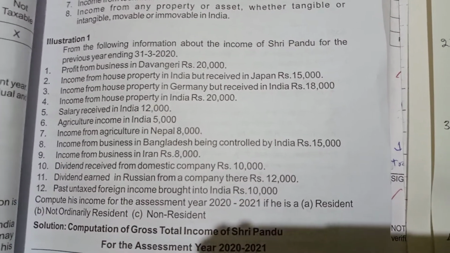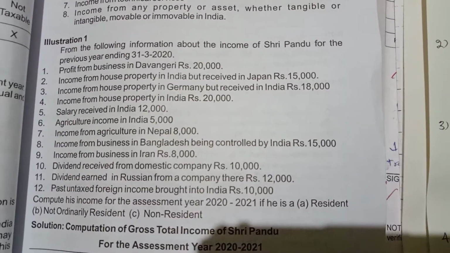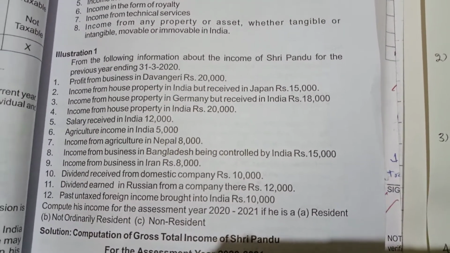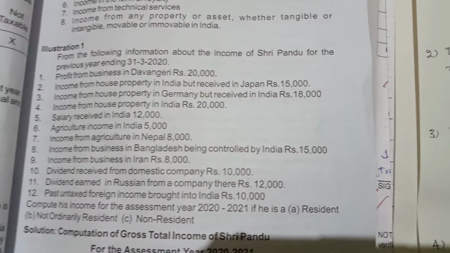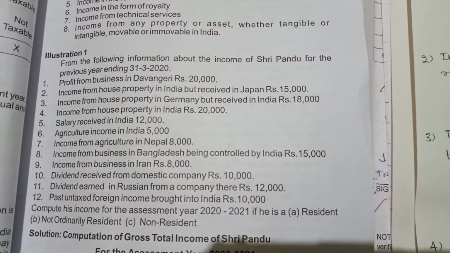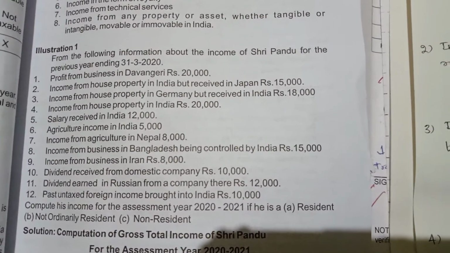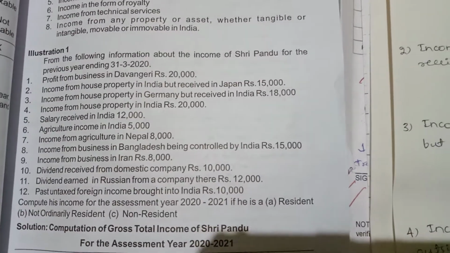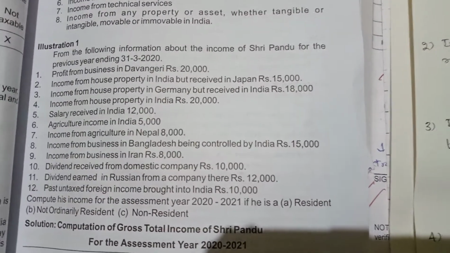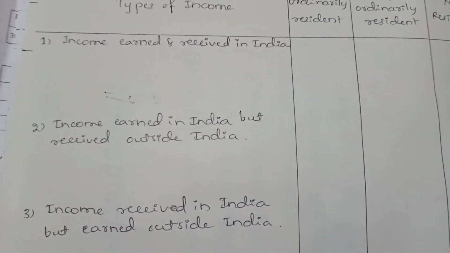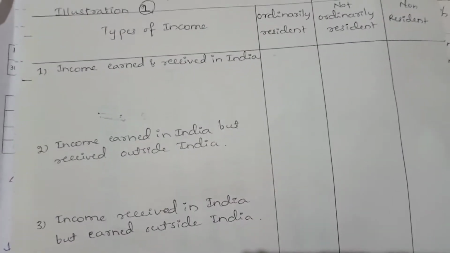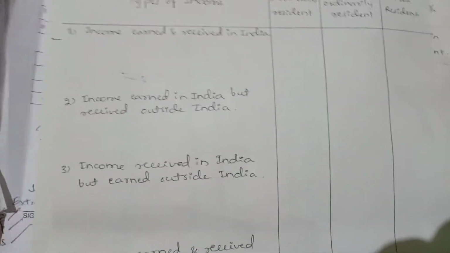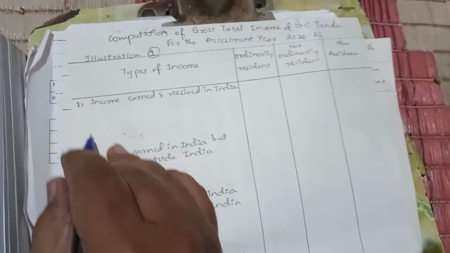It means that the accrual or origin of income is in India only, and that profit is going to be received in India also. That is why, when the accrual as well as the receipt of income takes place in India, you are supposed to write under the first head, that is the income earned and received in India.